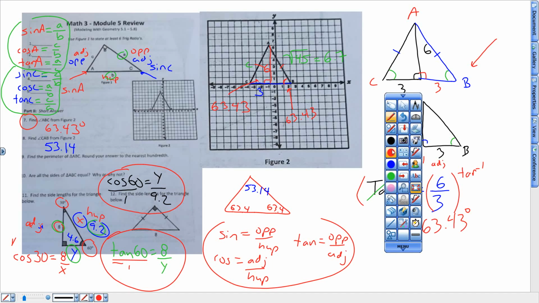So try both. This one just has you do cosine 60, close the parenthesis, times 9.2. You got that one? All right, now try this harder one. This one, 8 is going to end up divided by tan 60.